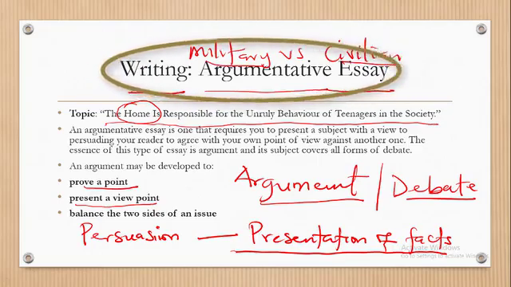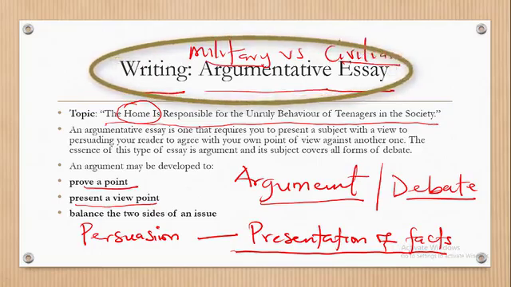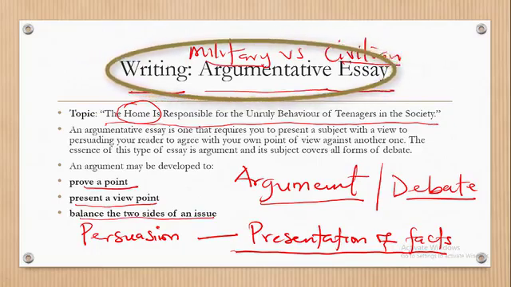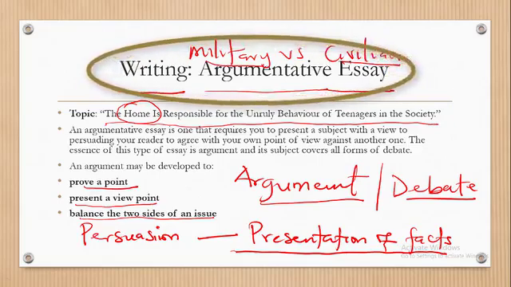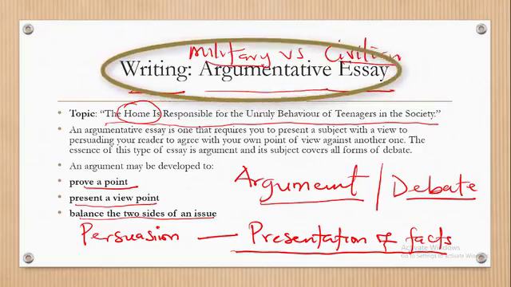So you are either proving a point, or presenting a viewpoint, or lastly, you are trying to balance the two sides of an issue, which is one thing I want to stress in today's lesson. Whenever you are proving your point or presenting a viewpoint, make sure you balance the two sides of the issue. For instance, here, who do we blame?